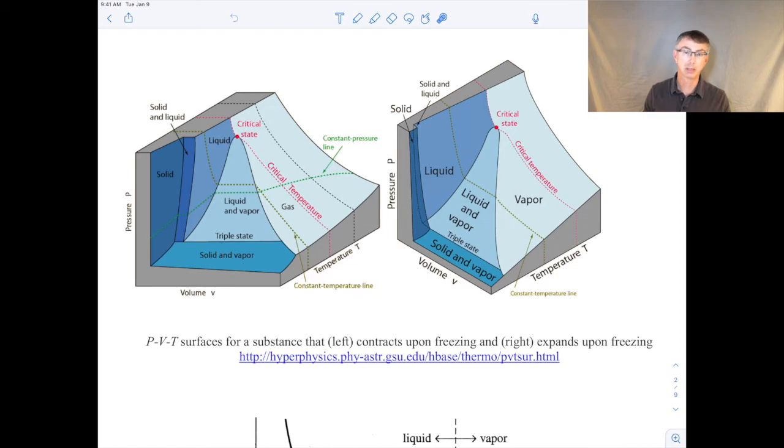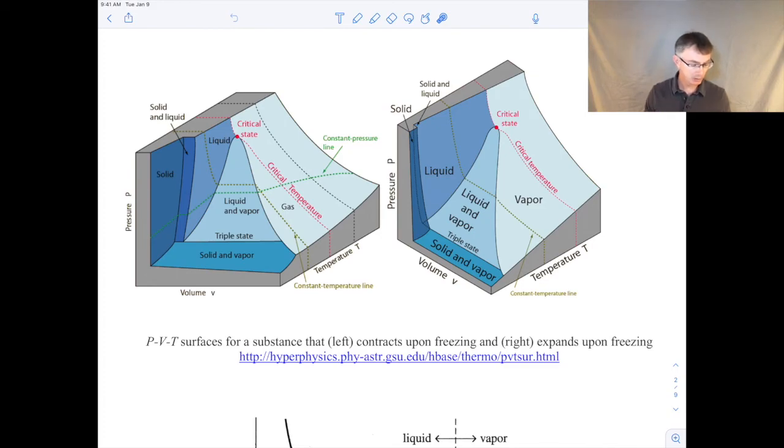Water is kind of special because it expands when it turns into ice. Most substances behave the other way, where when they become solid, they contract. These are called phase plots, or PVT surfaces, so pressure, volume, and temperature surfaces. What they do is show the different phases of a material depending on those three properties.